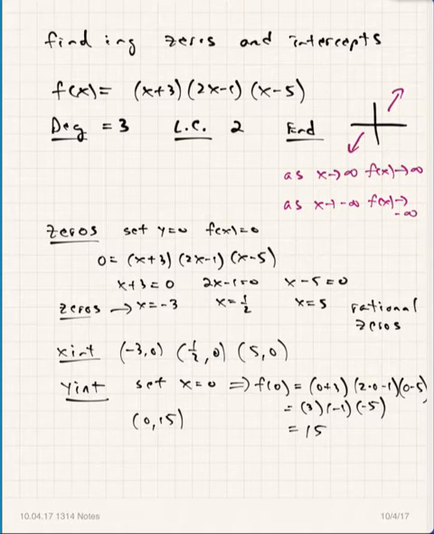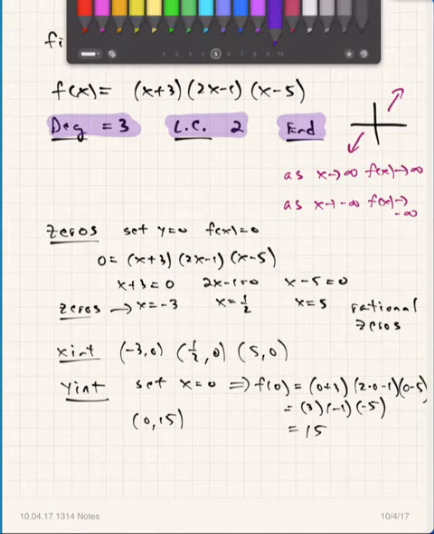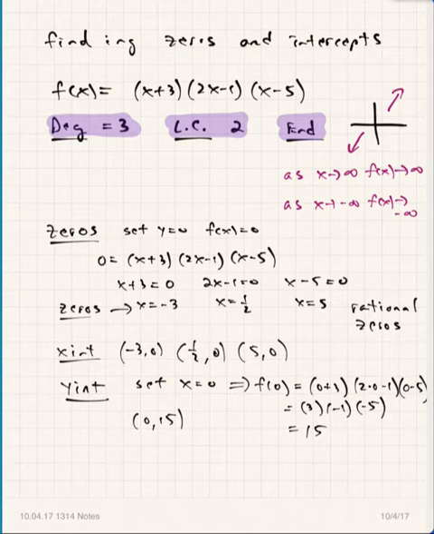All right, so kind of walking back through this, we used the leading coefficient test to find the degree and the leading coefficient, and then putting those two things together allowed us to write down the end behavior. The next thing we did is we looked at the zeros for the function. And how do we get the zeros? Well, we set y equal to 0, in other words, we set f of x equals 0.